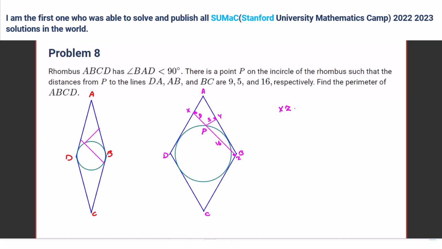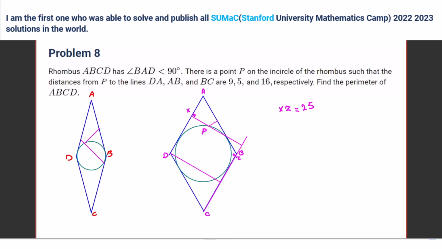Oh, yeah. XZ is what? 25. Exactly. So one thing that we can say is that this height is 25, right? Yeah. Okay. And I am thinking if we extend this, it would be better.